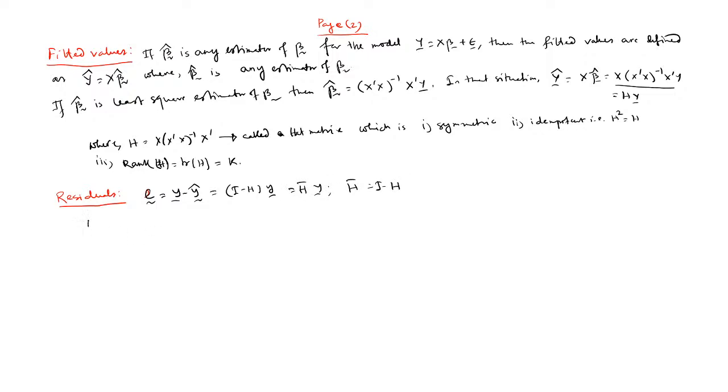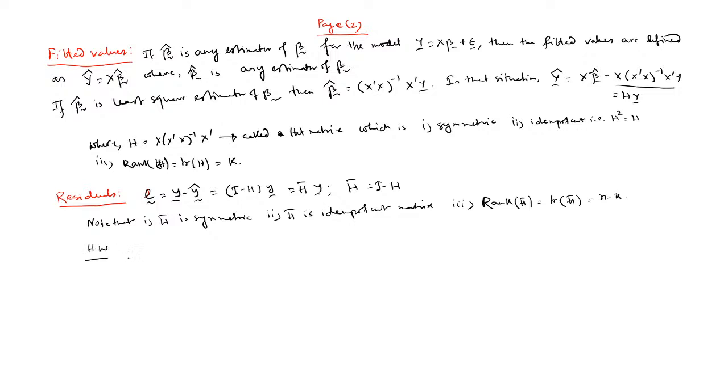Also note that this h bar is symmetric, h bar is an idempotent matrix, and rank of h bar is equal to trace of h bar, which is equal to n minus k. And this is your homework.